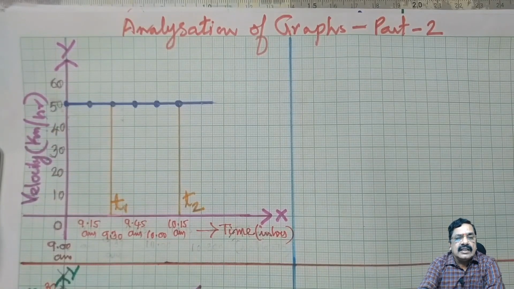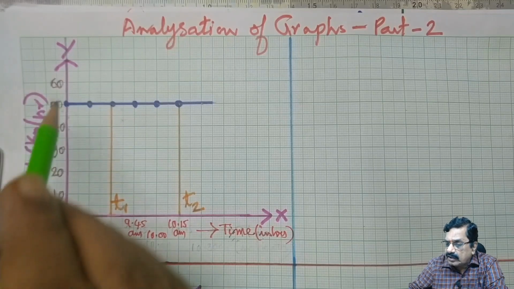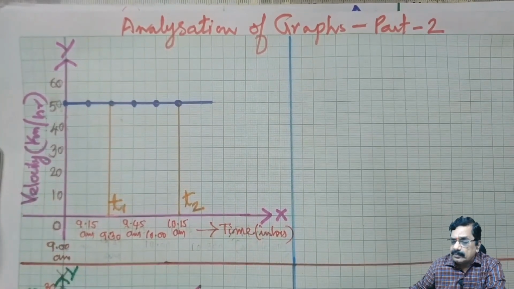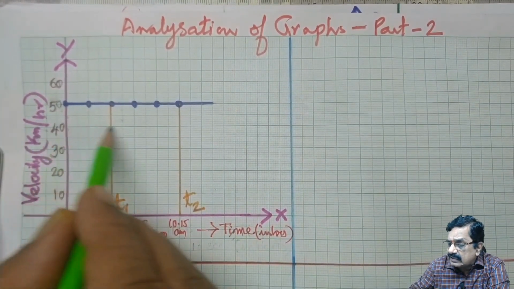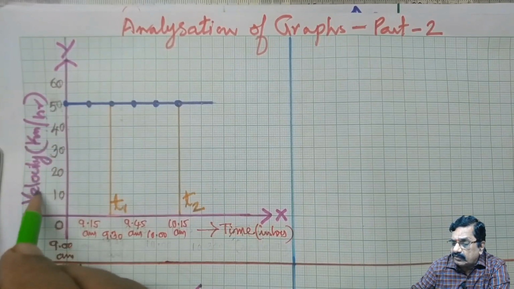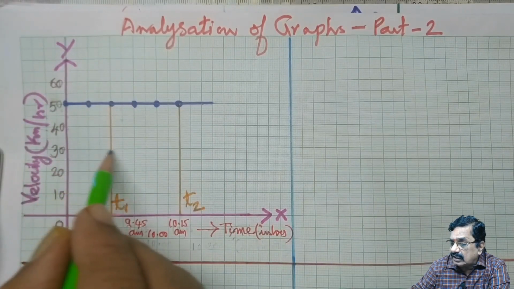So, they give the graph, they will ask the question, with how much uniform velocity the body is moving. You have to tell 50 kilometer per hour from this graph. And listen, suppose the graph line is here, you have to give the answer, the body is moving with velocity 40 kilometer per hour. If it is here, 30 kilometer per hour.